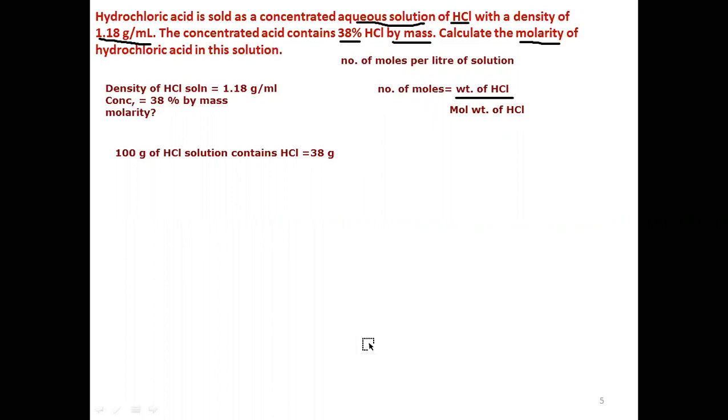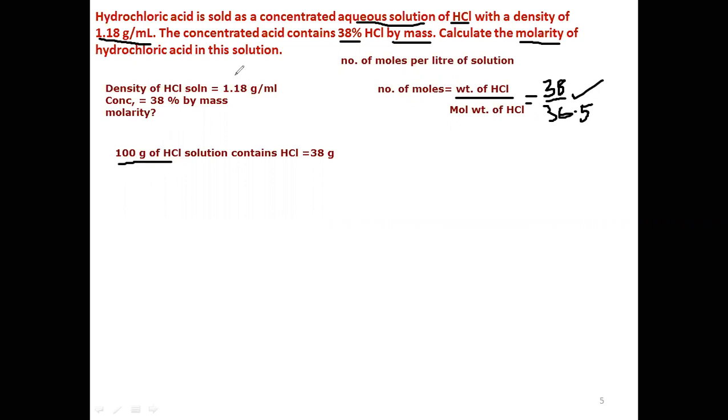First we will calculate the number of moles. So number of moles comes out to be equal to, what is the weight of HCl? It is 38, divided by molecular weight of HCl, which is 36.5. So one thing we have calculated, the number of moles. Now we have to calculate the volume of solution. We are given the weight of solution.